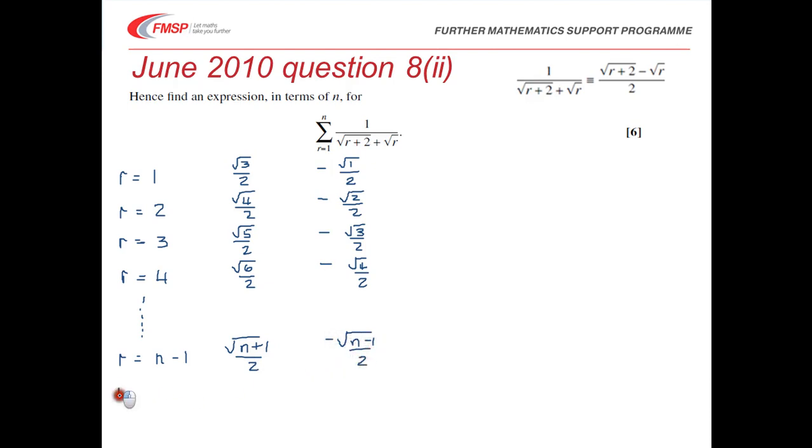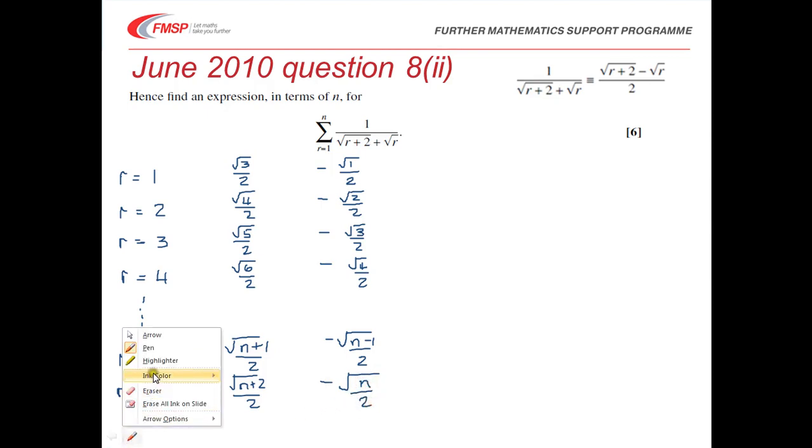And then the last term, when r equals n, would be the square root of n plus 2 over 2 minus the square root of n over 2. And now we have those terms in as well, we should be able to just have a little look and see if we can simplify things.